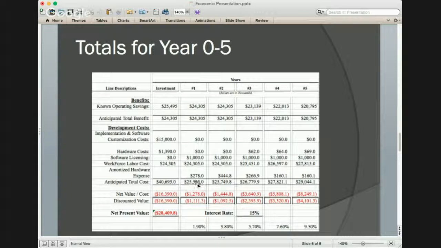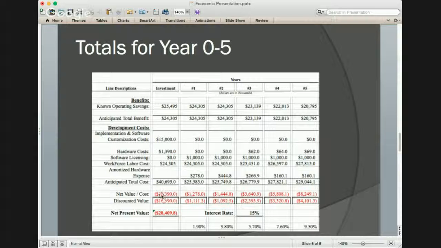But then as we continue through the years, it stays at 25 million, 25 million, 26 million, 27 million, 29 million. That's because we have to pay each and every one of the employees this 25 million, 26 million, 27 million. And then we have the software licensing and the hardware costs, and then the depreciation costs as well. So that's factoring into the total cost.